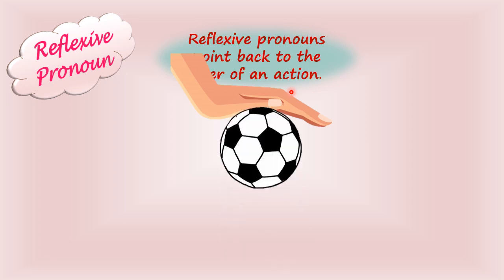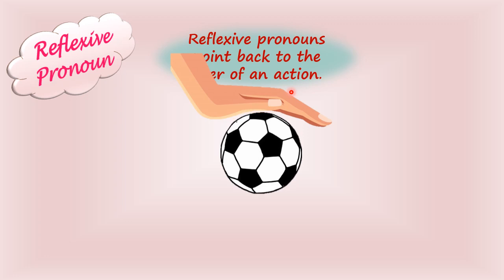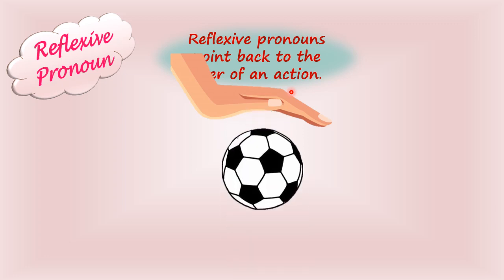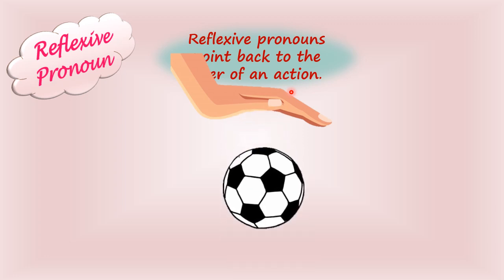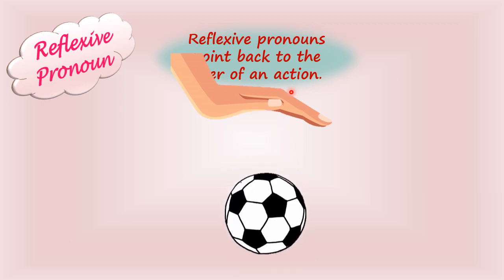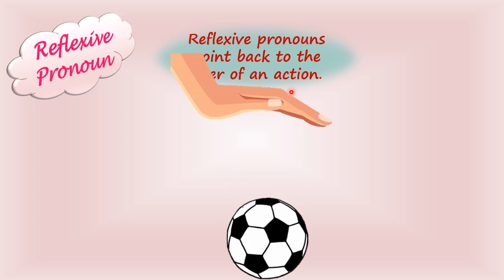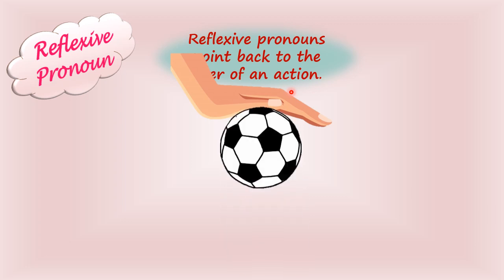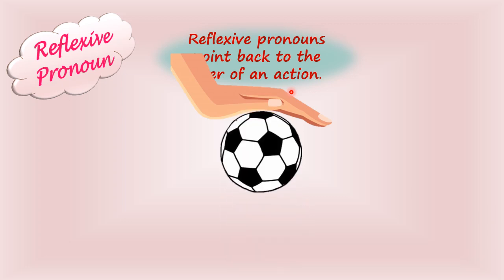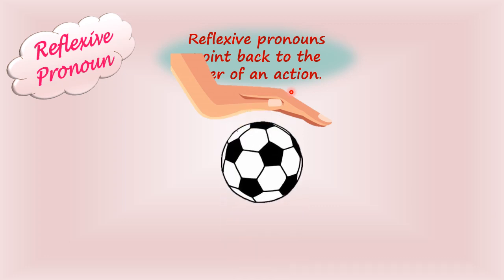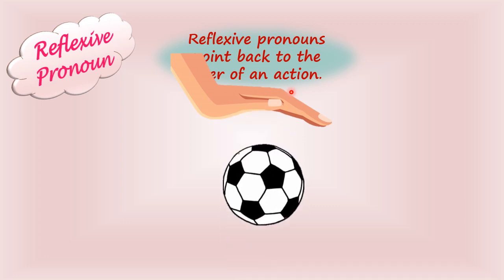When you hit the ball towards the ground, what happens? It comes back to you. Yes. Have you noticed whenever you hit a football to the ground, it comes back to you? Yes. The action of coming back to the position from where it was started is known as reflex action. Is it clear?